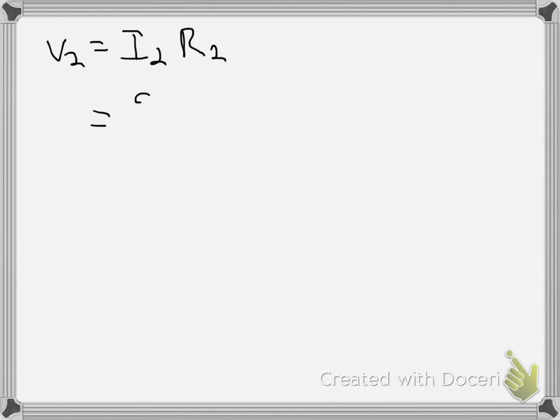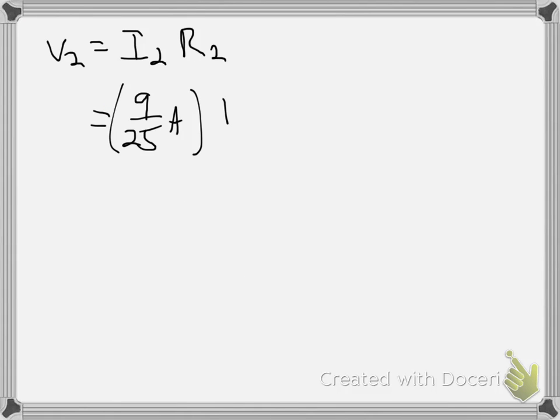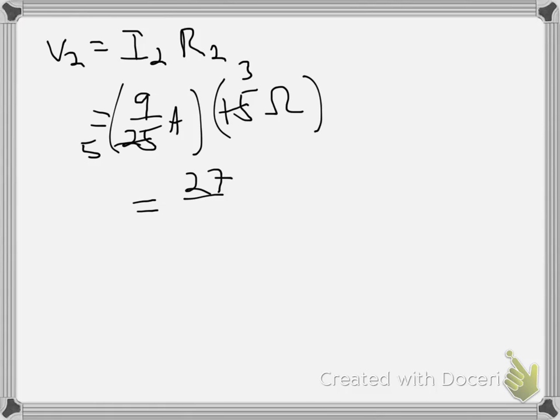The current is still 9/25 amps, and the resistance, I believe, is 15? Yep, okay. Times 15 ohms. And if you run the numbers, this is going to reduce to 3/5, and you're going to come up with 27/5 volts.